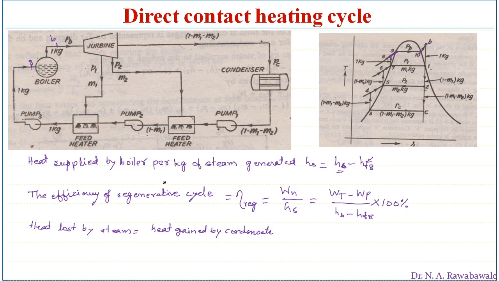So in the first heater, how much quantity of condensate enters? 1 minus M1 minus M2 kg. And in this first feed heater, M2 kg of steam enters.